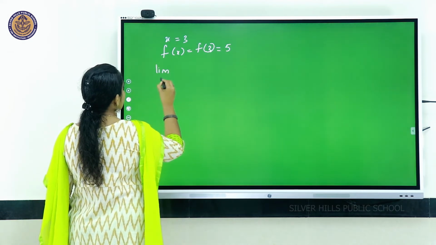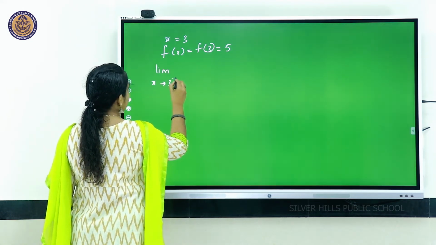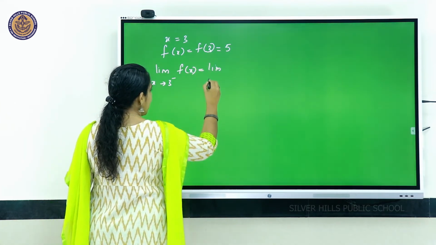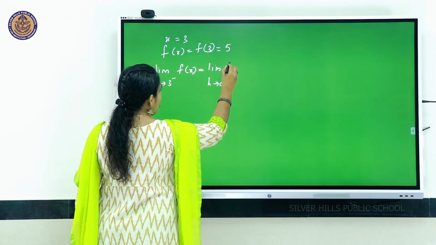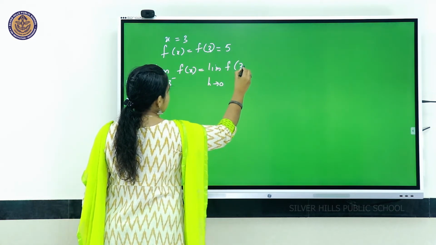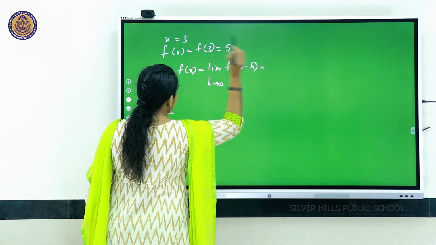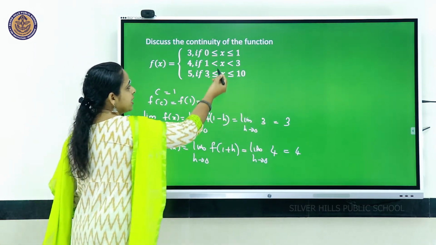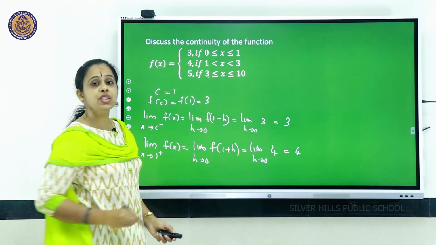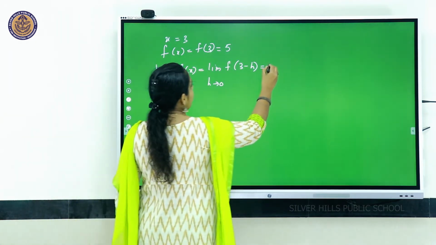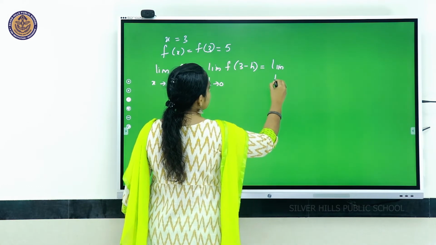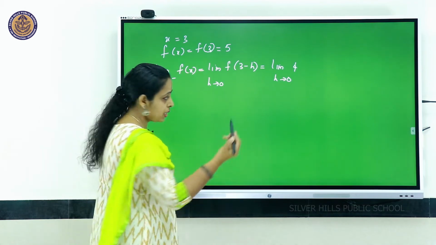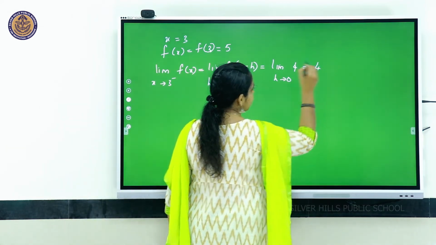Limit x tending to 3 minus f(x), limit h tending to 0, f of 3 minus h. When x is less than 3, it is 4. Limit h tending to 0, 4, there is no h there, so answer is 4 itself.